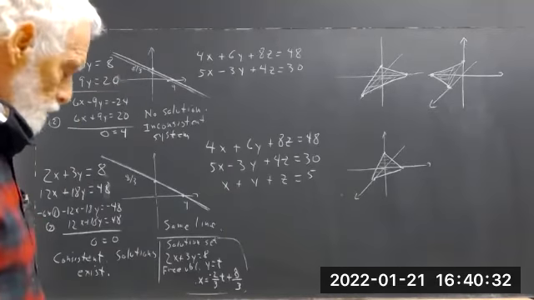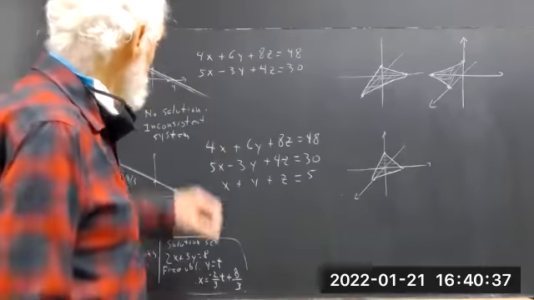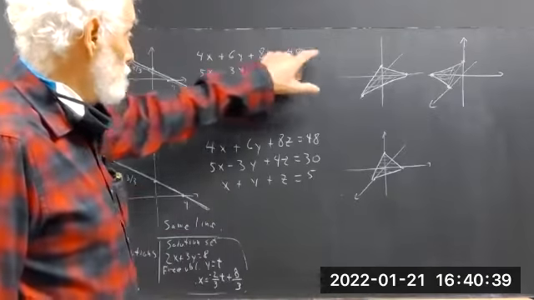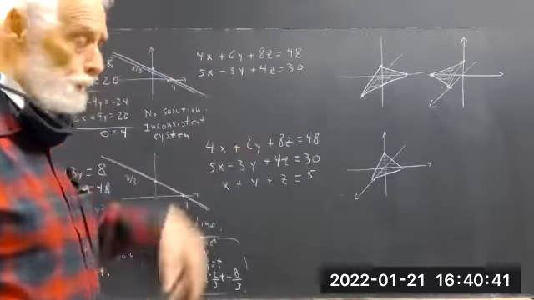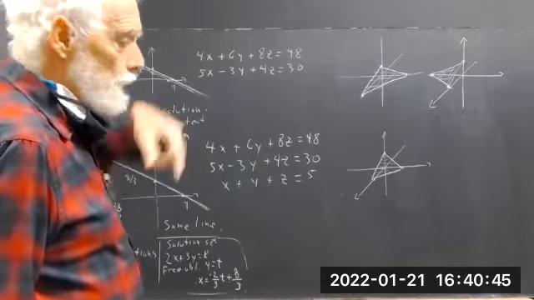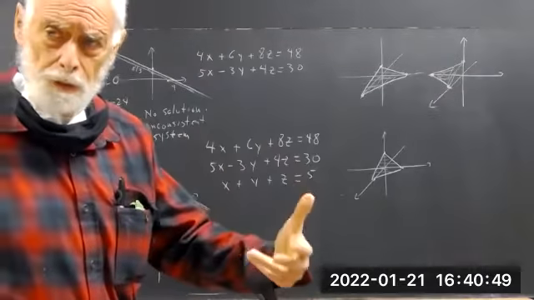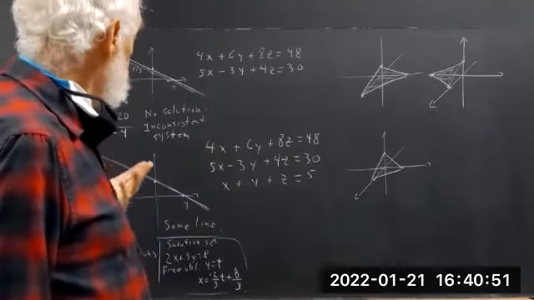Okay, now let's move on to an equation in three variables. Okay, so we've got 4x plus 6y plus 8. Well, I'm not going to read it to you, you can read it. Each of these equations represents a plane in 3 dimensions. What's the plane?